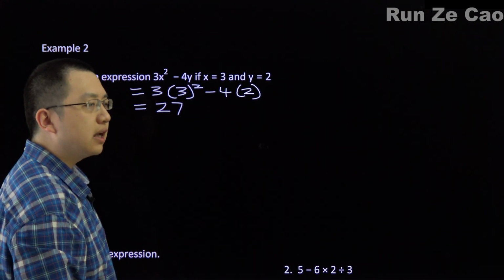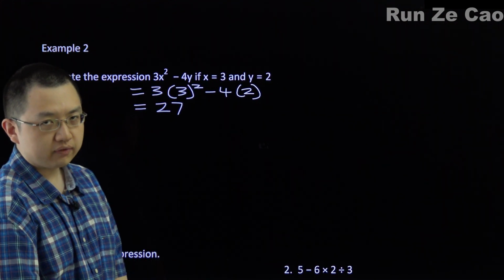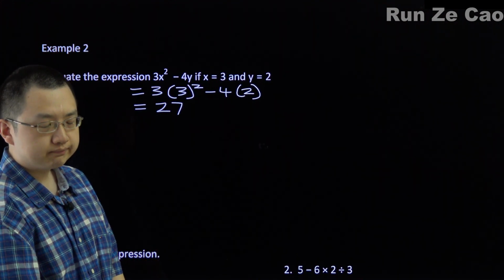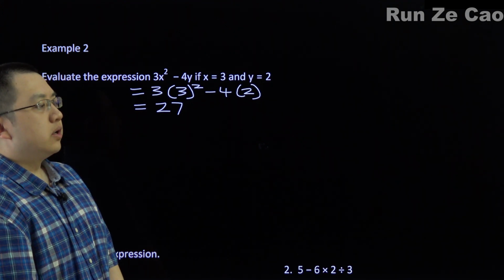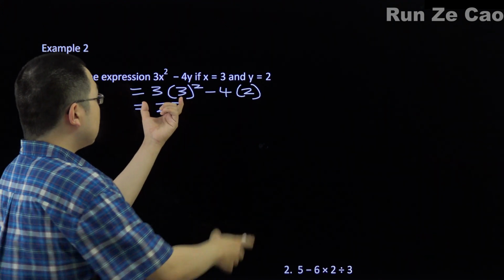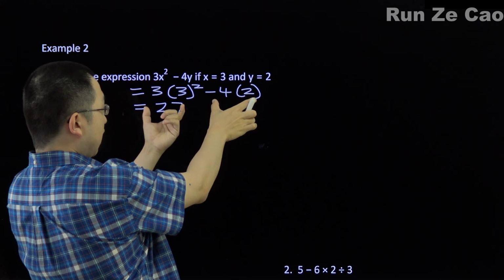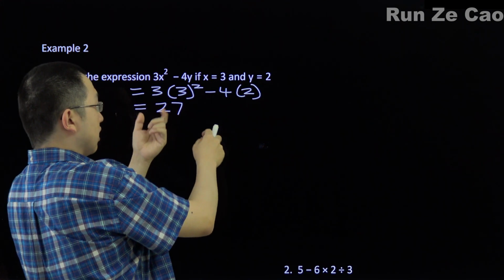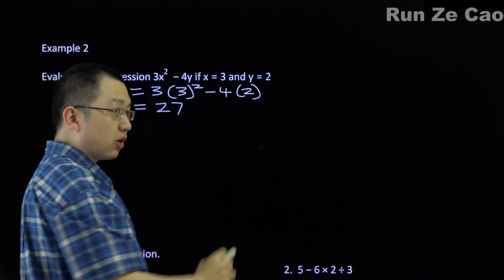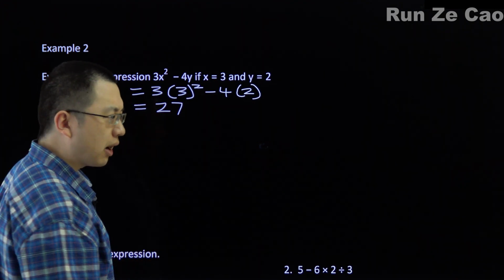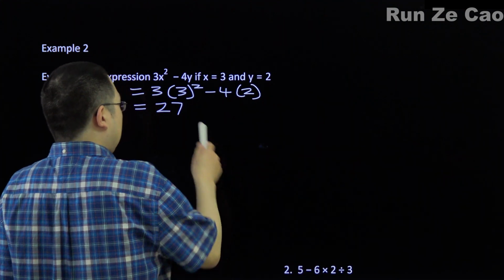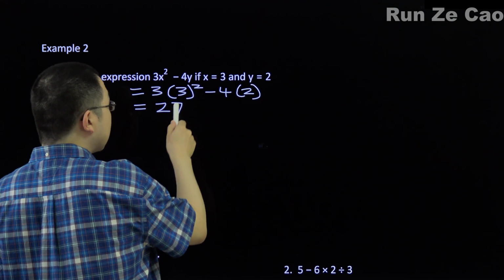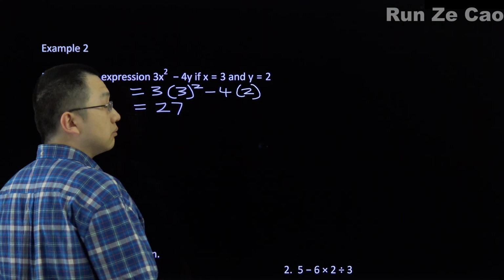Why is it that I can do this in one step if I deem it necessary? Guys, these two parts of higher priority operations, i.e. multiplications, they're separated by a subtraction sign, a lower priority. And here it's 3 times 3 times 3.